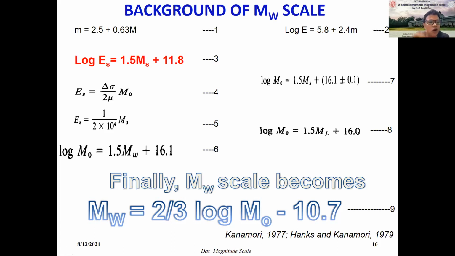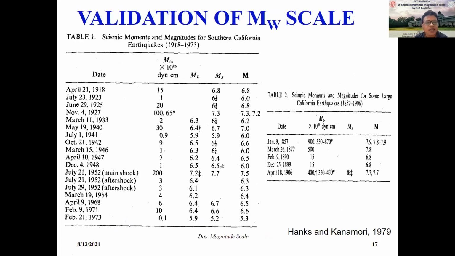Also it is based on log of ES = 1.5 Ms + 11.8, and mainly the Southern California regions, 1.5 ML + 16.0. Also the constant stress drop is considered only for the bigger, shallow earthquakes. So he finally gave these equations and tried to correlate with the different earthquakes of Southern California.